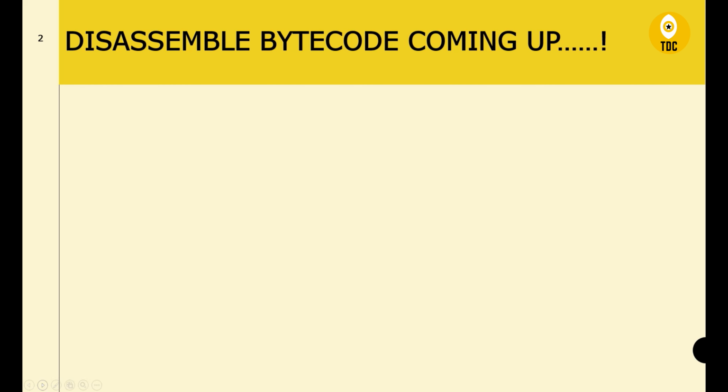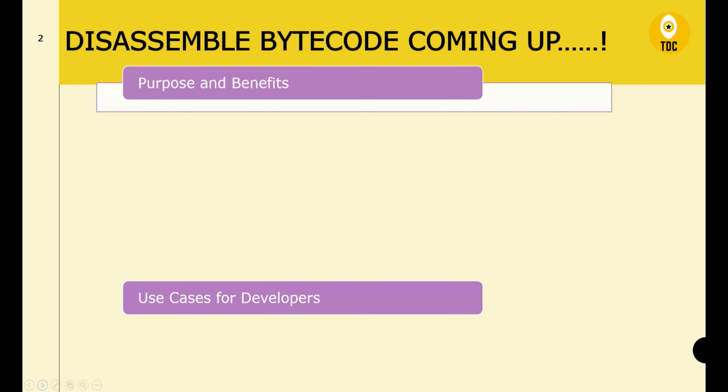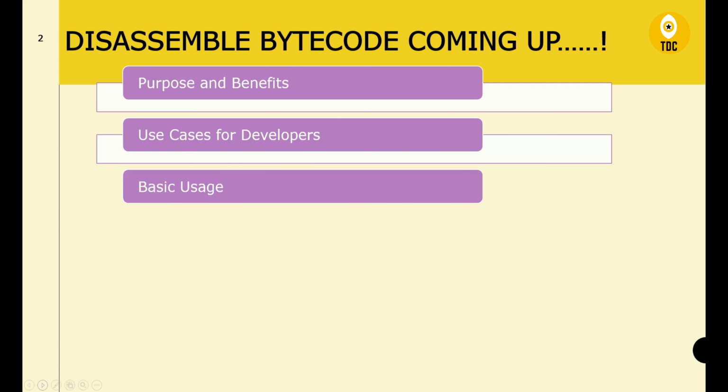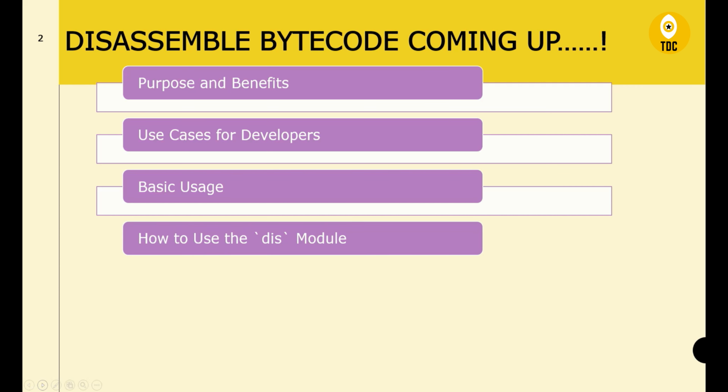Quickly, we'll see what you are going to see in this particular video. Definitely, the purpose and benefits of disassembling the Python bytecode, and also the different use cases for developers, because this video is especially for developers who want to understand that in detail. We will also understand the basic usage and basic syntax, and how to use this dis module, which is the disassemble module in Python.